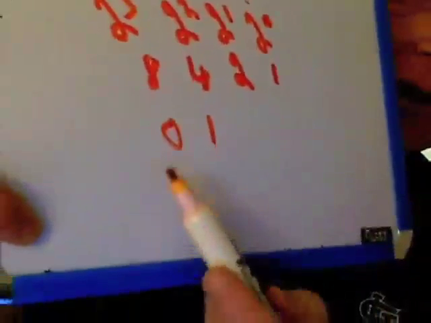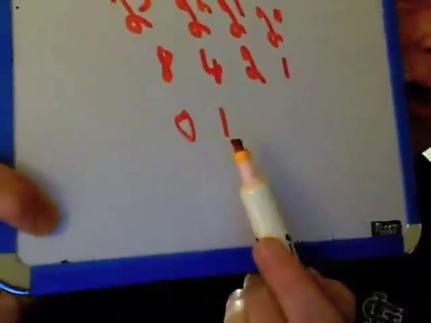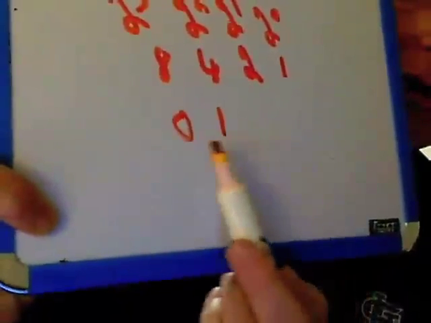Let's do a simpler one. Let's just say we have a 0 and a 1, down at the bottom here. Okay, we have 1 1, and 0 2s. We have the value 1. Okay, let's do another one.